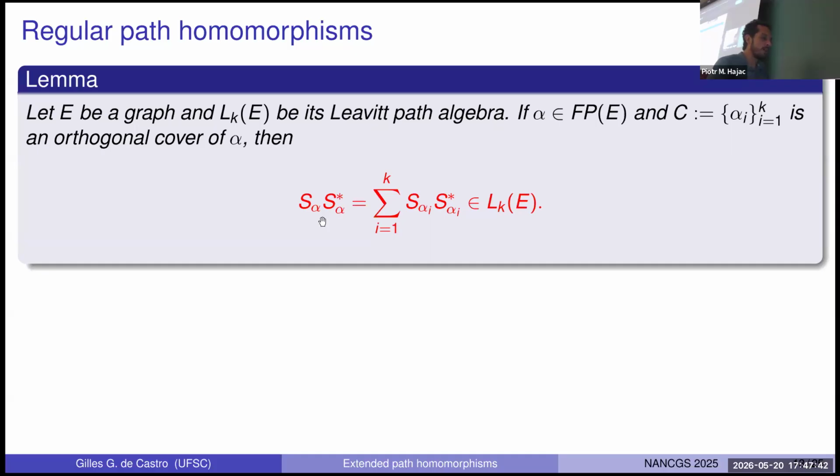But if the target of alpha is a regular vertex, then we can use the CK2 relation to replace this target of alpha with the sum of S_e S_e star. So basically S alpha S alpha star can be written as a sum of S alpha e S alpha e star.